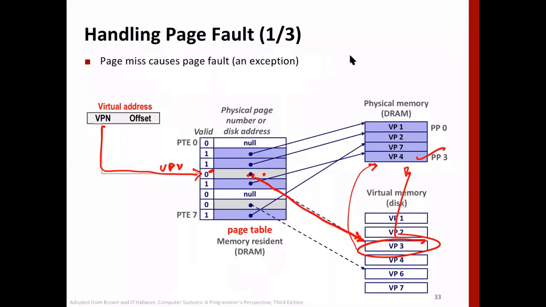Then this page exists in swap space, and it is brought into main memory on demand of the process. So that page does not exist in memory but exists in swap space or disk, then it's brought into main memory because it's required. That's called demand paging.